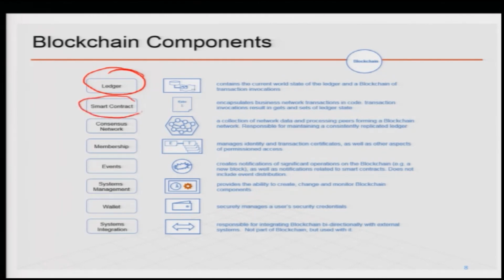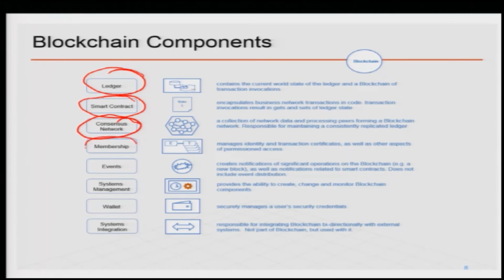Smart contracts are the actual programs that run to make transactions happen, and they have the business logic. So by invoking multiple different transactions on the smart contracts, a particular business process may be automated. Consensus network: since it's a blockchain, there has to be a consensus, and the consensus network is responsible for that.